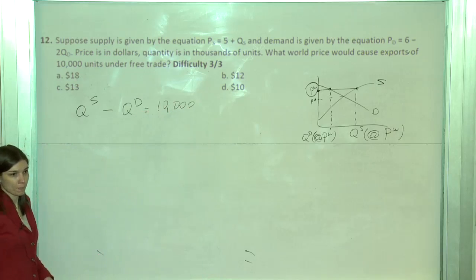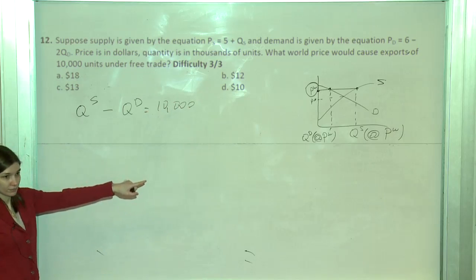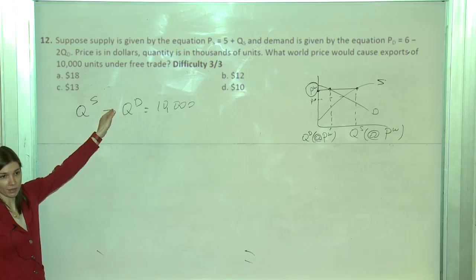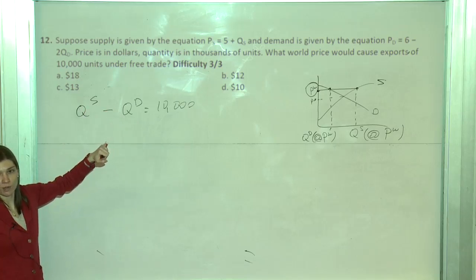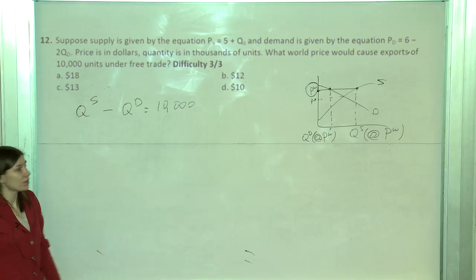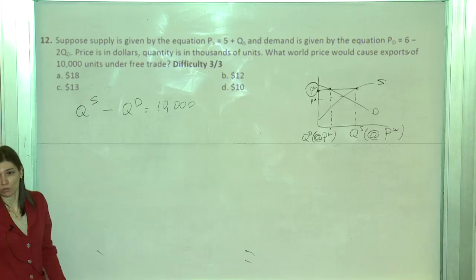True? The price is the same. Right? So because I'm given the supply and the demand curve, I need to first express it in terms of quantity equals something, right? And then just look at the difference between those two, set it equal to 10,000.